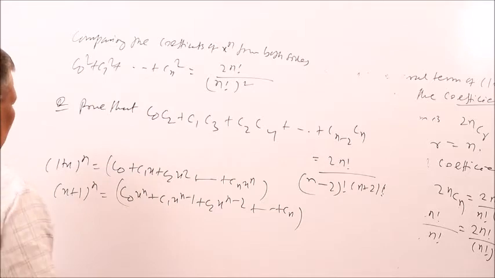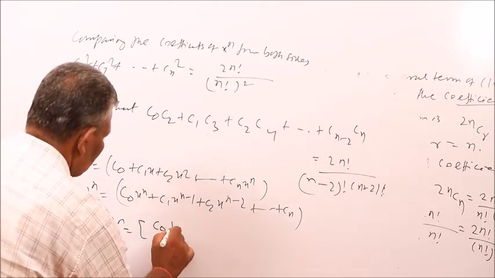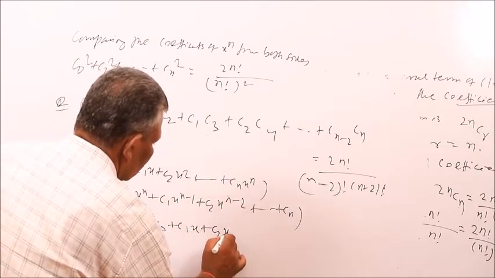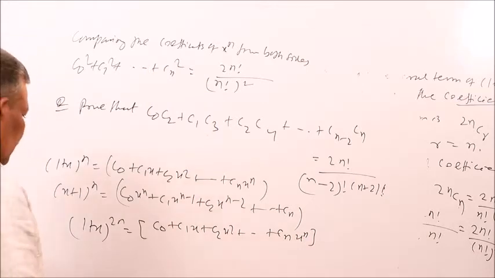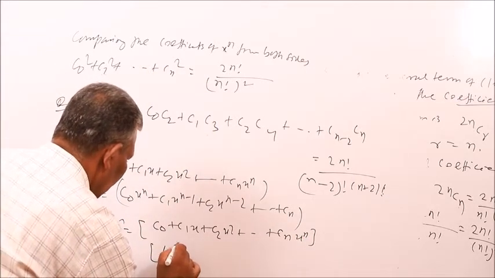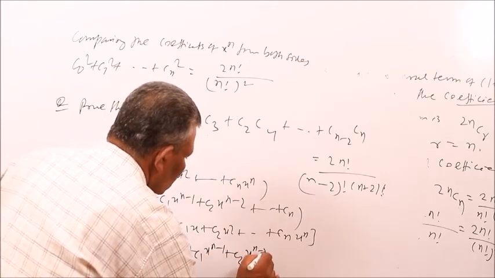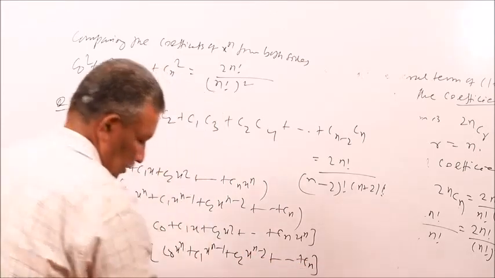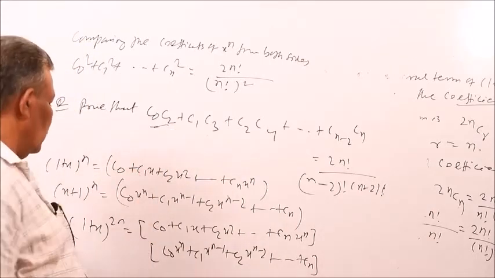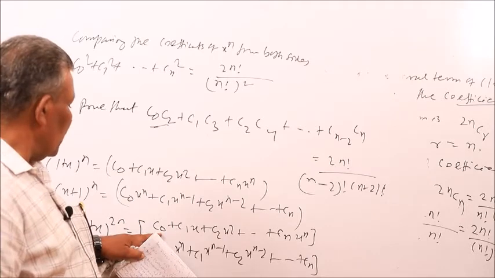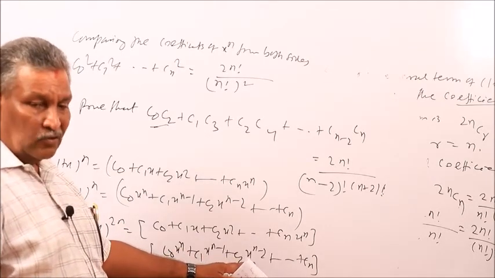Multiply these two quantities, 1 plus x whole to the power 2n equals C0 plus C1x plus C2 x square up to Cn xn. In another bracket, C0 xn plus C1 x to the power n minus 1, C2 x to the power n minus 2 up to Cn. So we are interested in the term C0 C2. So multiplying the first term of the first bracket with the third term of the second bracket, the power of x will be n minus 2.